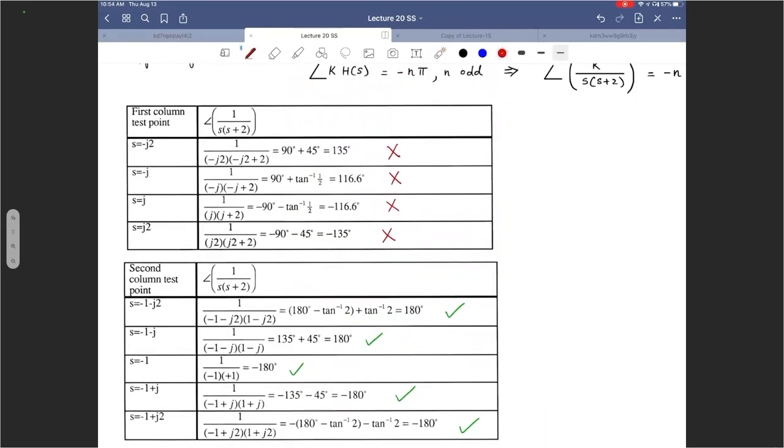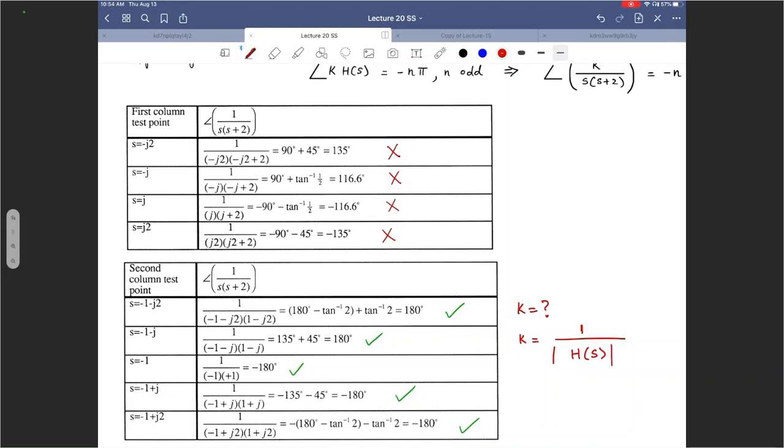Next, just to close the loop, can I find the value of k for these points? How do I find the value of k here? All I would have to do is use the magnitude criteria: 1 divided by the absolute value of h of s, right?